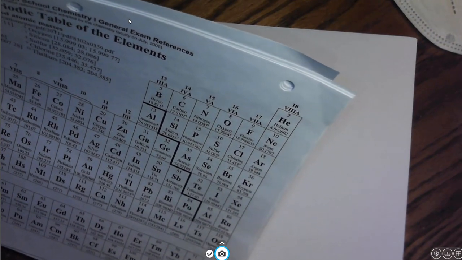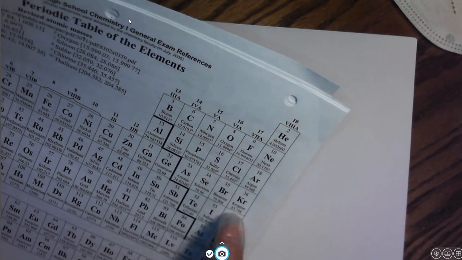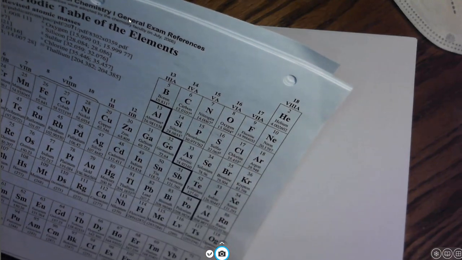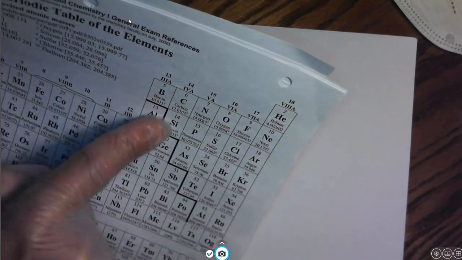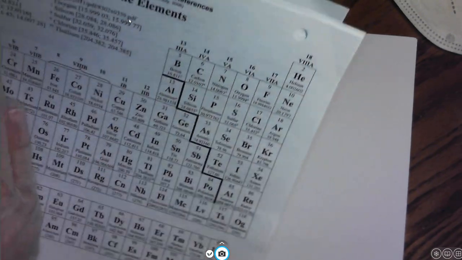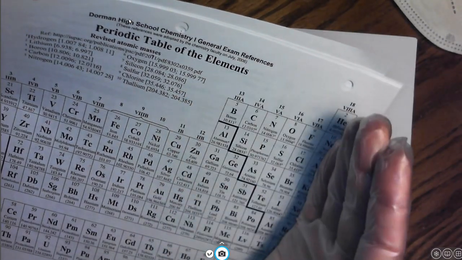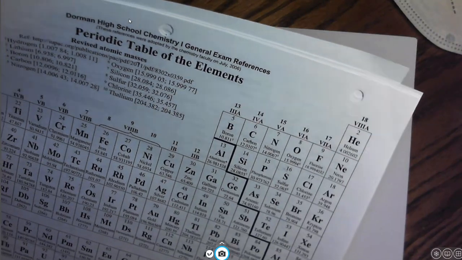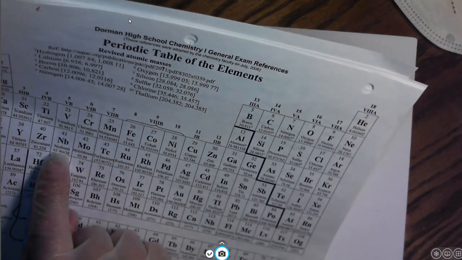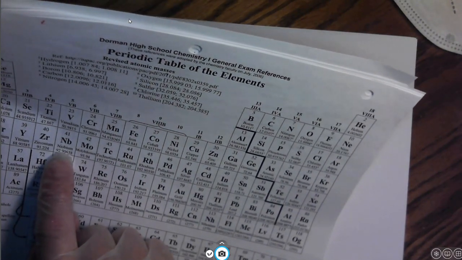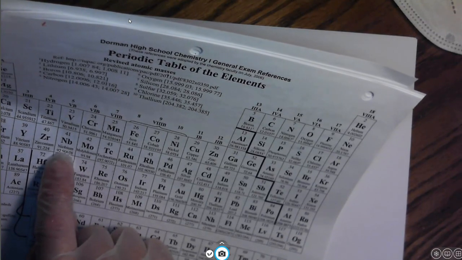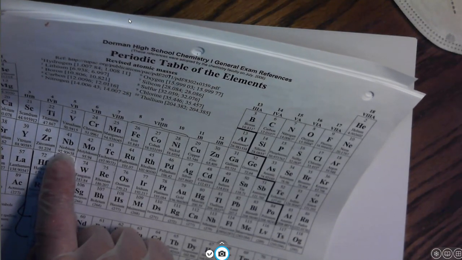It doesn't do sharing of electrons. Only the nonmetals do this. That's over here. The stair step right here divides metals on this side from nonmetals over here, and only these nonmetals do this covalent bonding. So it doesn't matter how far down you are, you just count over, and that's how many electrons it has.